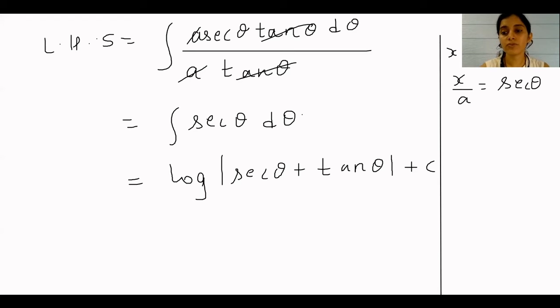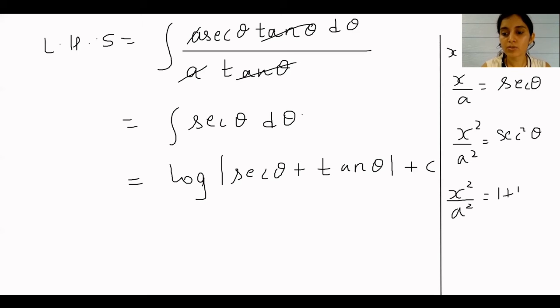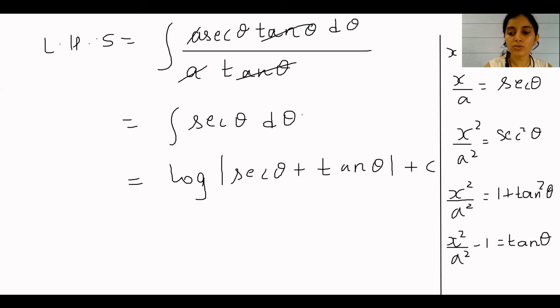So now we have an answer for sec theta, x upon a. Tan theta, how can we find out? We'll square this term, we'll get x square upon a square is equal to sec square theta. Sec square theta is 1 plus tan square theta, right? So x square upon a square is equal to 1 plus tan square. Now we'll shift the 1 to the other side. So x square upon a square minus 1 equal to tan square, and then tan theta is the root of this value.